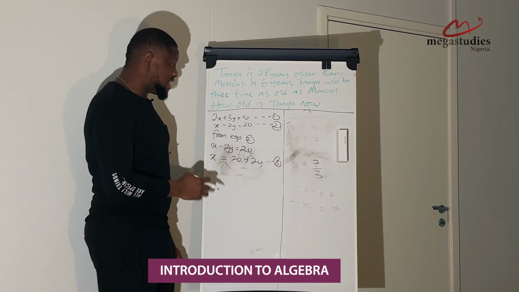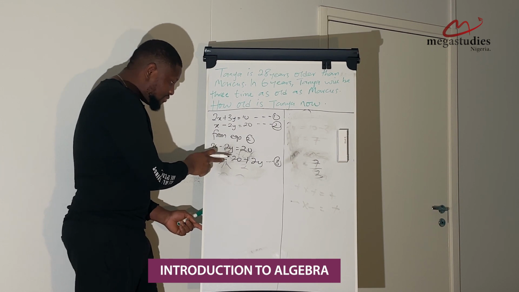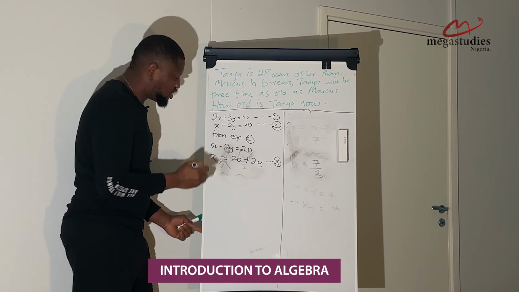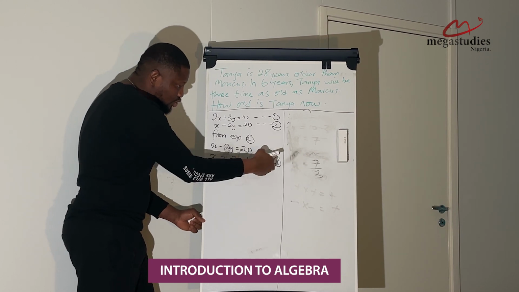We give this equation 3. Why? Because there are still two unknowns. We don't know the value of y, but we already established a formula for x, which is equation 3.